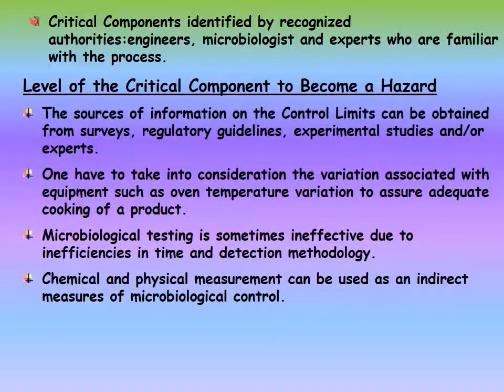Normally the sources of information on the control limit can be obtained from regulatory guidelines, from surveys, from experimental studies, from experts. And chemical and physical measurements can be used as an indirect measure of microbiological control.